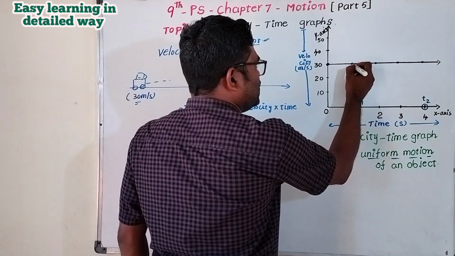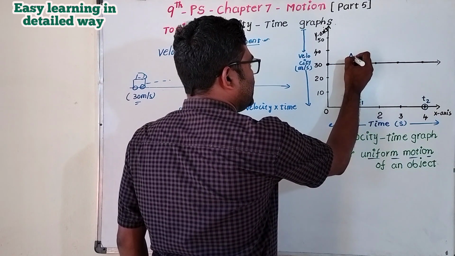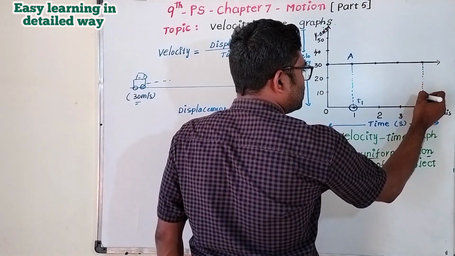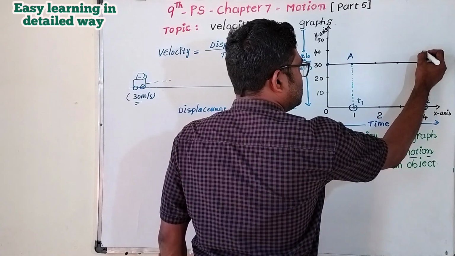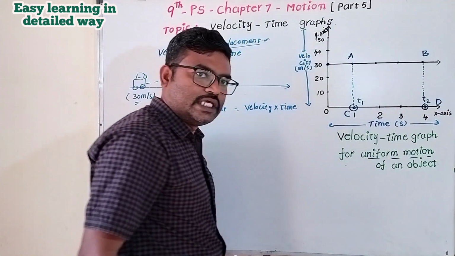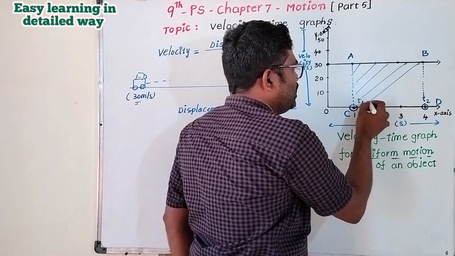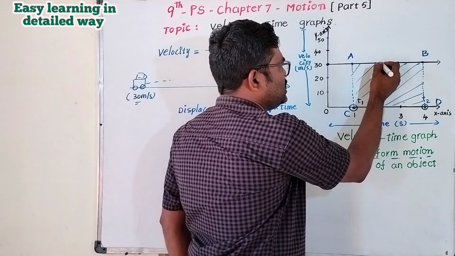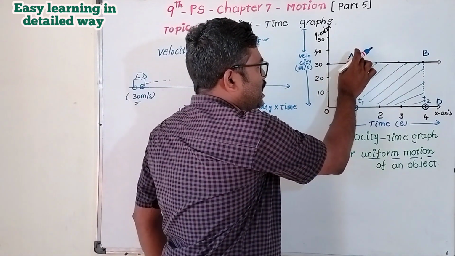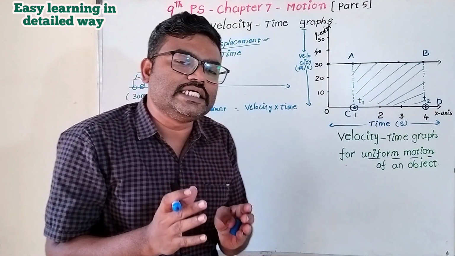If you draw a vertical line from this point, let this point be A, and another vertical line, let this point be B, and the points on the graph C and D, then we get a rectangle under the velocity time graph and the x-axis.